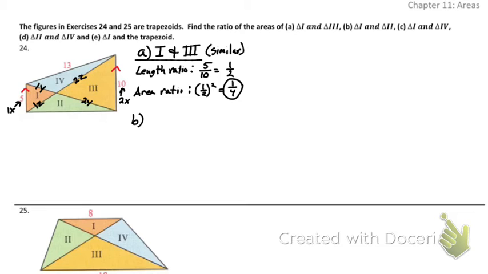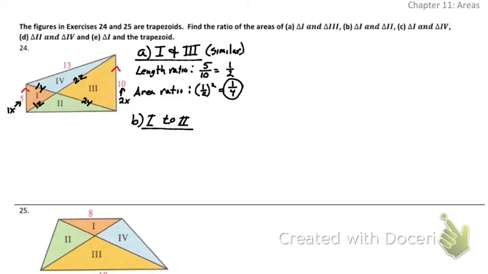RB is comparing what? 1 to 2. So 1 to 2 is not similar triangles. 1 to 2, on the other hand, what I need to look at is they have the same height.